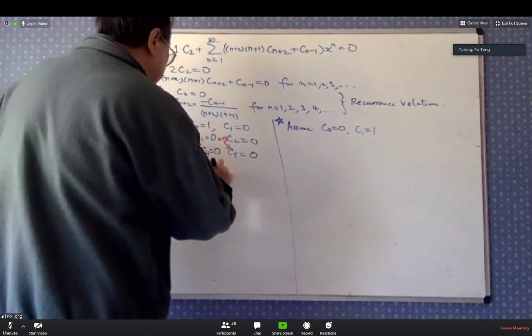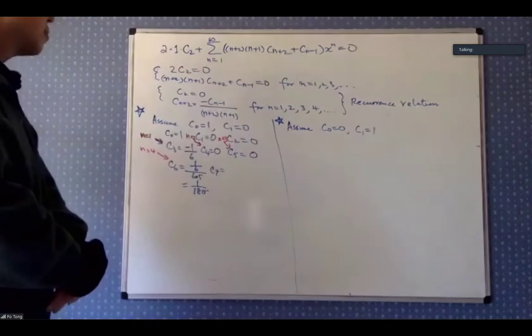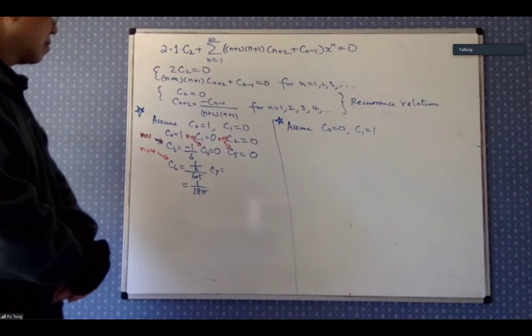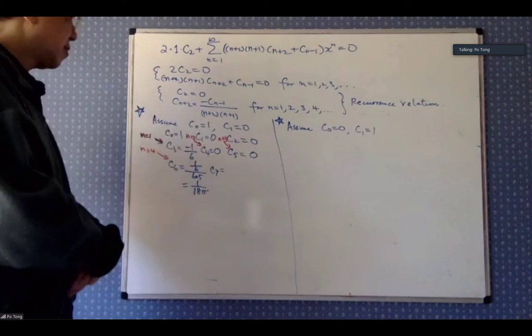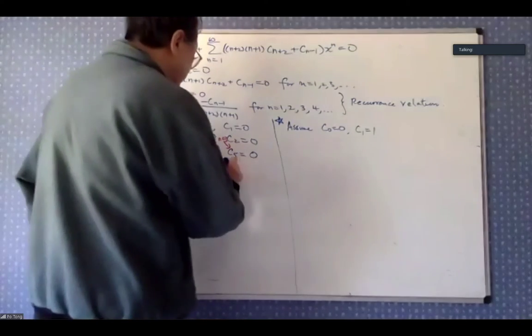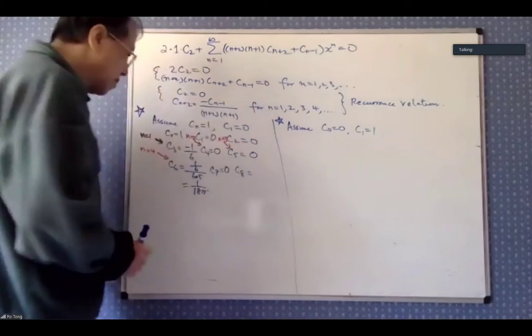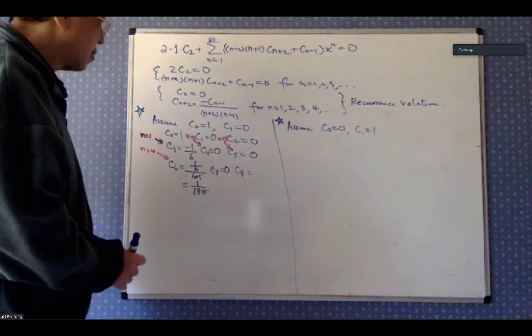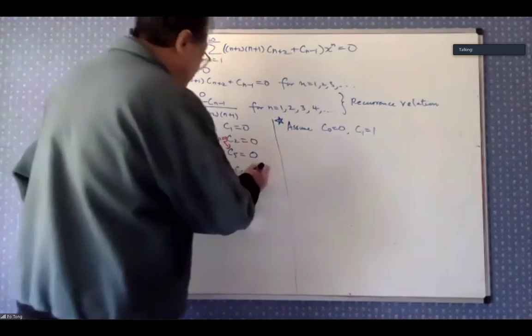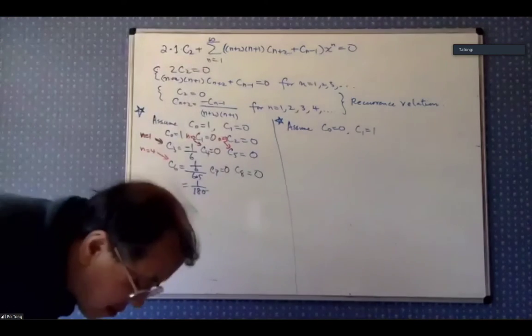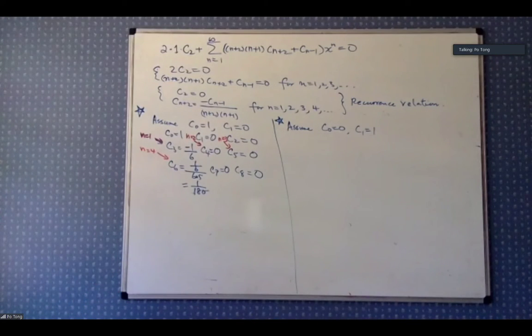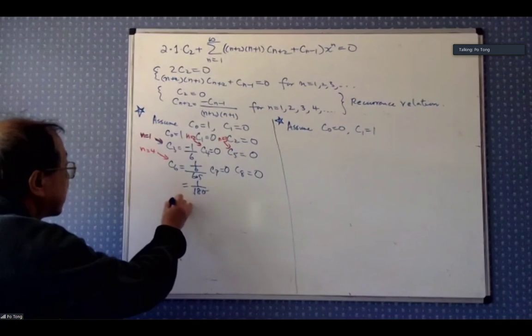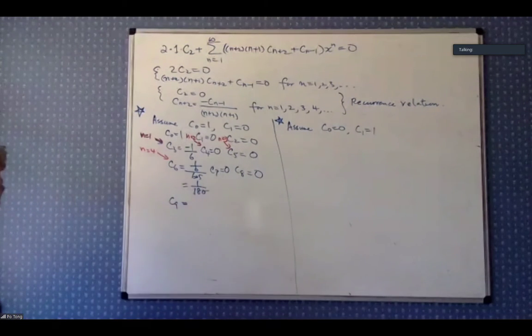What would be C7? C7 is related to C4. What would be C8? It's a lot of detail, but are you guys following this? Yeah, it's pretty easy. What would be C9? C9 is related to C6.